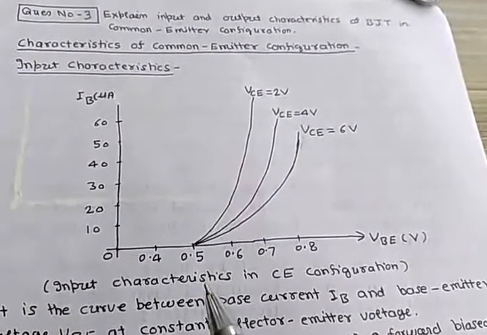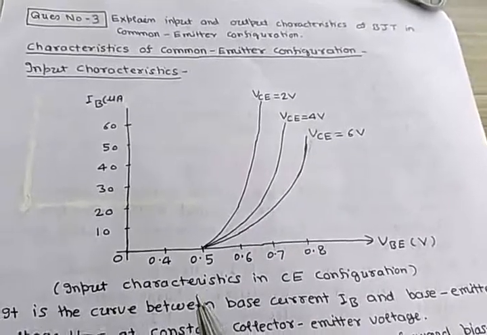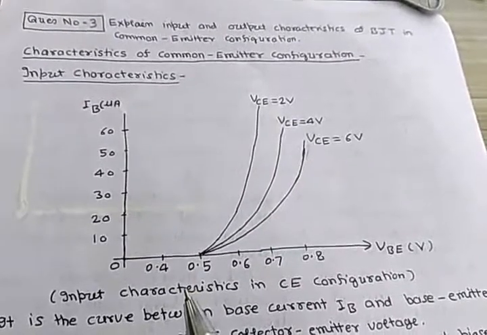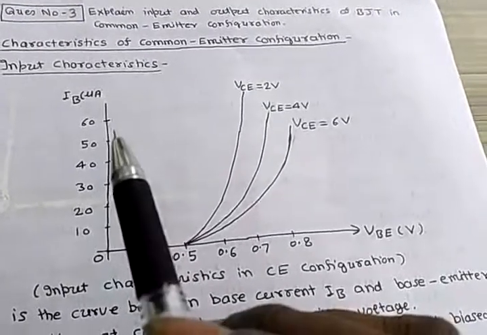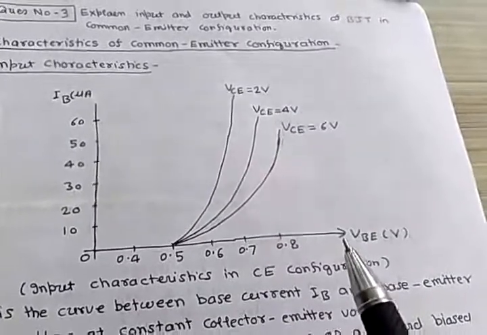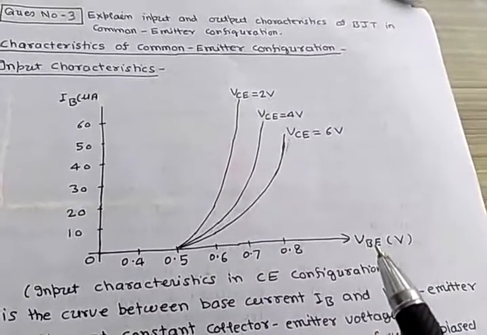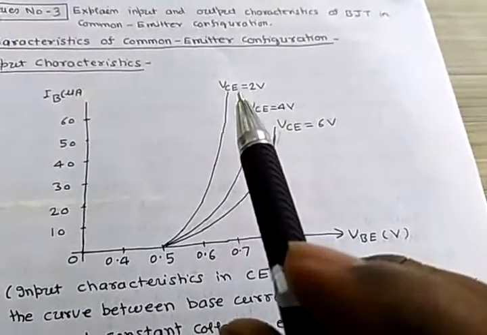This figure shows the input characteristics of common emitter configuration. In common emitter configuration, input characteristics is the curve between base current IB and base emitter voltage VBE at constant collector emitter voltage.